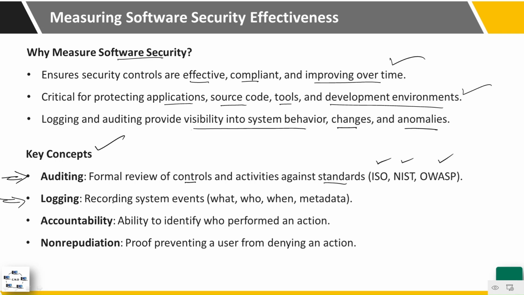Logging, which is recording system events such as what was done, who did it, when it was done, and other important metadata such as source IP address, timestamp, etc. Accountability is the ability to identify who performed an action. So accountability is the who inside the log. And then we have non-repudiation, which is the proof preventing a user from denying an action.